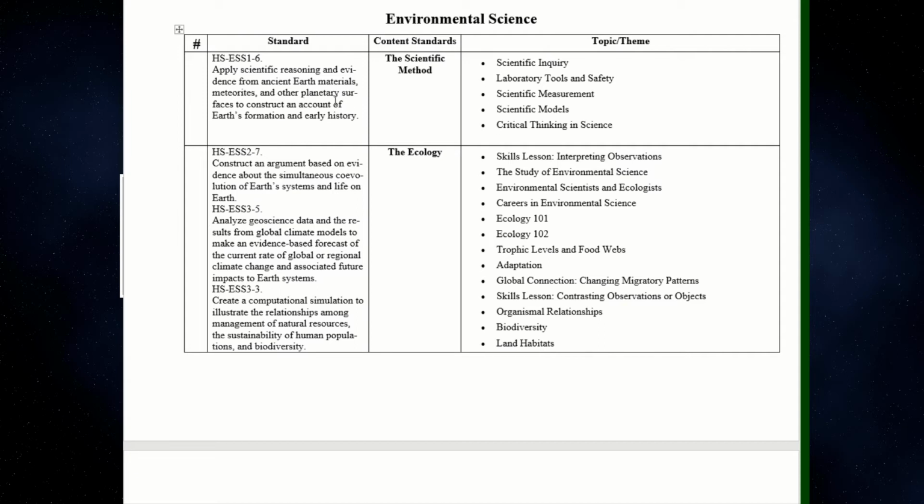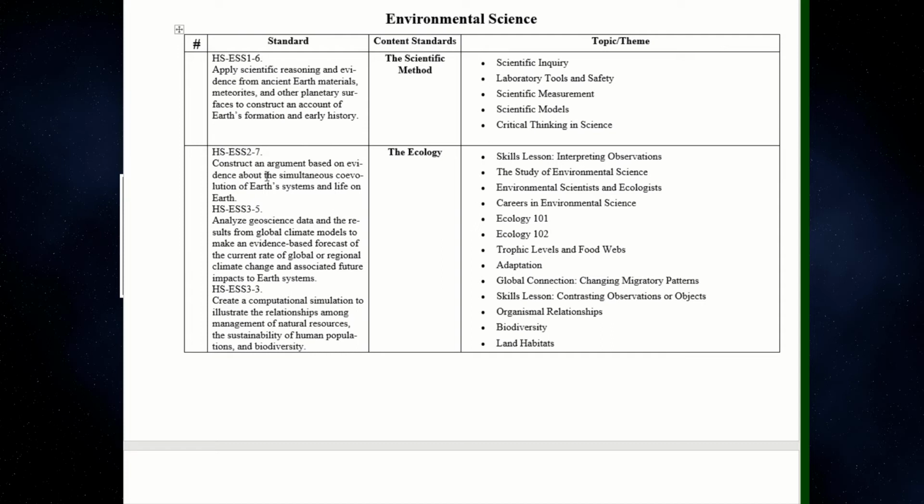Earth formation and history is not covered here, so we will cover that in another part. You can remove the word critical; when we talk about science, laboratory and experiments, it's already critical thinking.